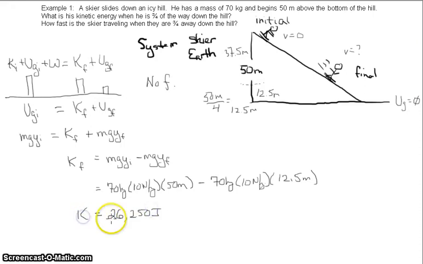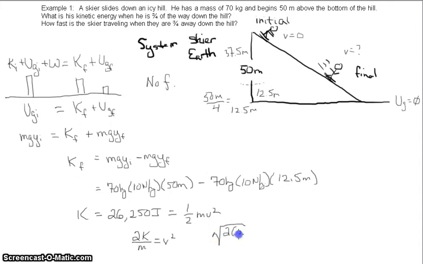That is my kinetic energy. Now they're asking for the speed. We know kinetic energy is also equal to 1/2 mv squared. So I can solve for v by multiplying through by 2 and dividing by m. If we do the algebra, we get 2 times the kinetic energy divided by the mass is equal to v squared, and then take the square root on both sides.